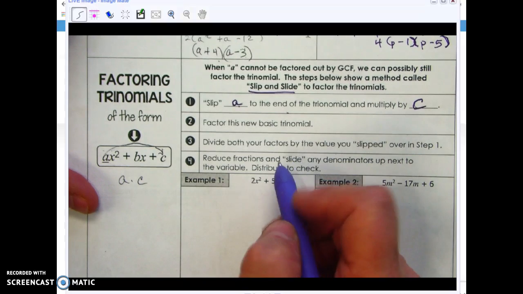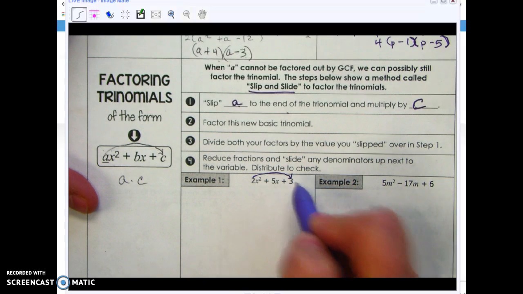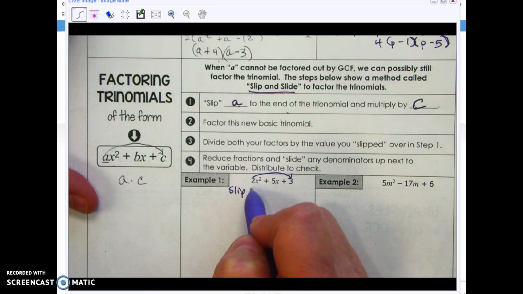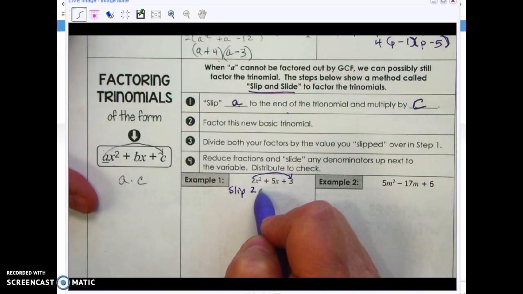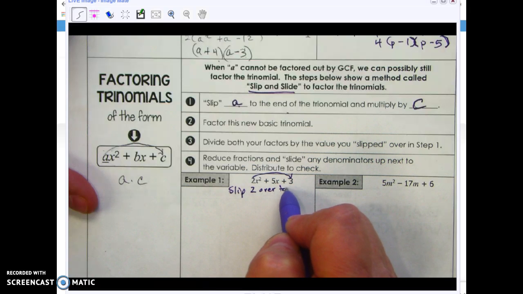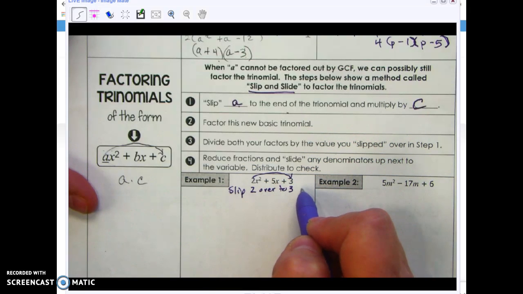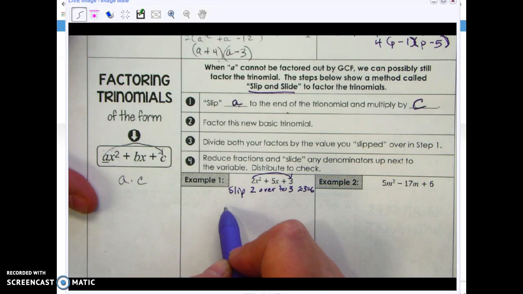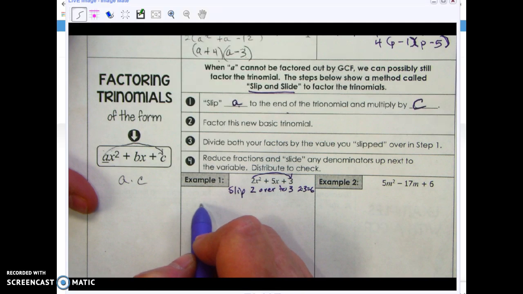So the first thing I do, slip the 2 over to the 3. So slip 2 over to 3. And then I multiply. 2 times 3. 6. Okay, so you're going to see where that's going to go.